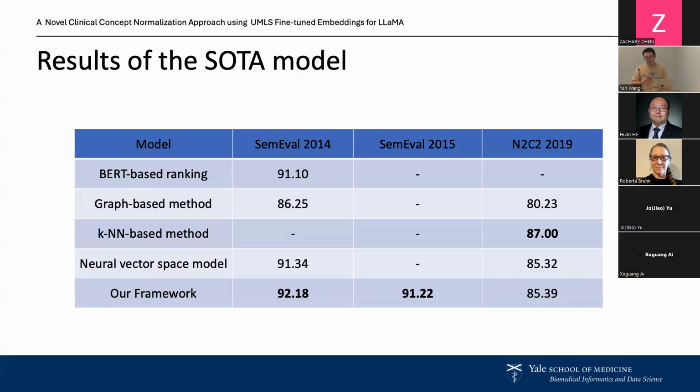So they use two embeddings. The first one just uses the SNOMED CT embedding, but they didn't train on this data. But for the N2C2, they use this training data to fine-tune this separate model and generate the embeddings for the test dataset.